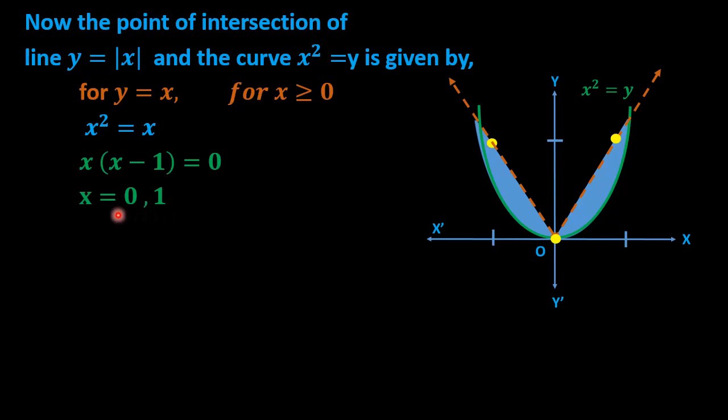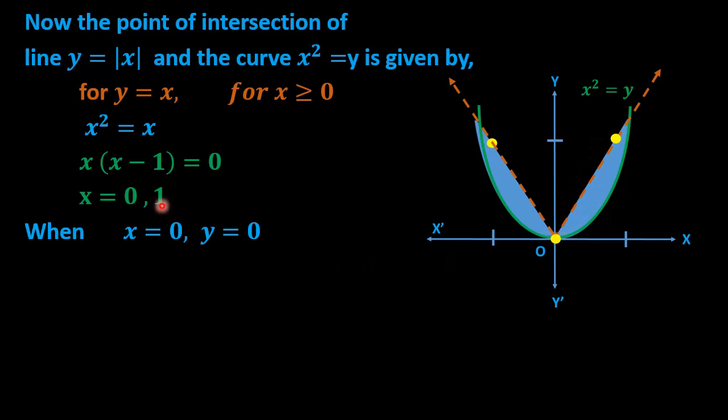Now we need to put these two values here or here to get the intersecting point. When x equals to 0, then y equals to 0. So I put the value of x here. So when x equals to 0, y is also 0. So this is the origin. So at the origin also this line and this parabola meet each other.